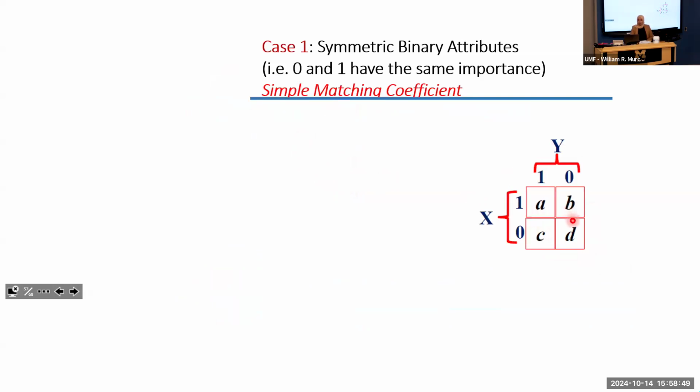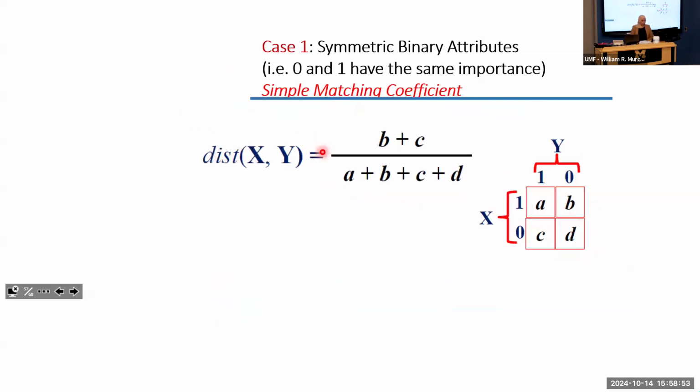This is called the simple matching coefficient. The distance here is B plus C, which are the elements having different values, 1,0 or 0,1, not those on the diagonal, 1,1 or 0,0, divided by A plus B plus C plus D, which is the whole thing.